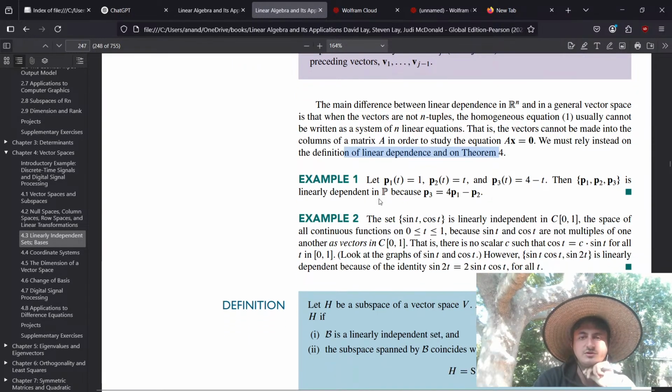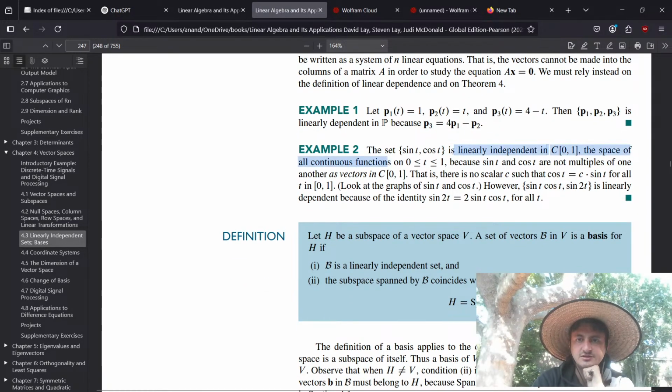Okay, here's an example. So we have these polynomials: the polynomial 1, the polynomial t, and the polynomial 4 minus t. It's linearly dependent because p3 can be written as a linear combination of p1 and p2.